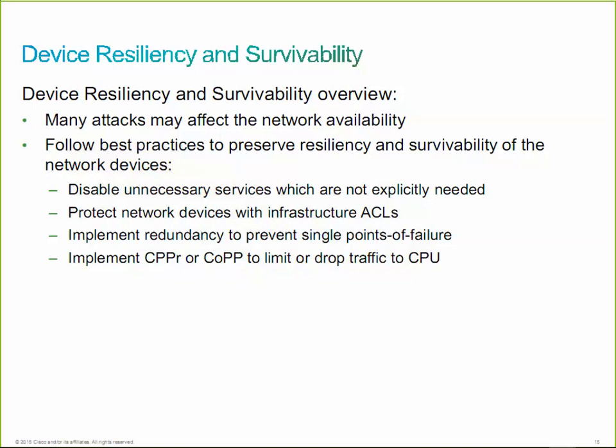The control plane interface, or the CPU-bound queue, receives all of the aggregated traffic that's destined for the control plane, actually the management plane and the data plane as well, that has to be software switched, right? So there are certain types of traffic, if we're using things like Cisco Express Forwarding and even a certain level of fast switching techniques, that don't necessarily have to go through the control plane, okay?